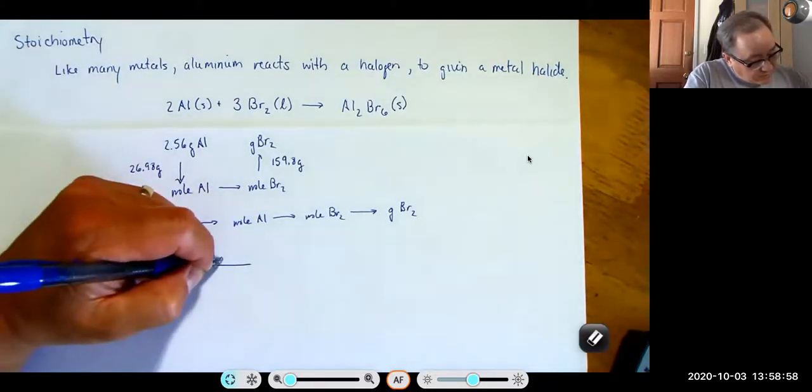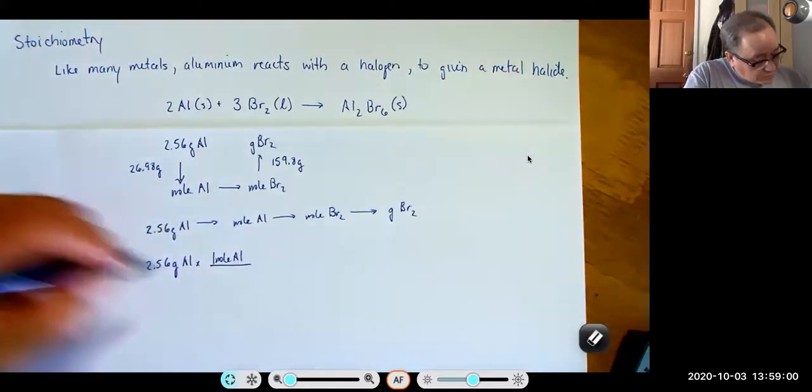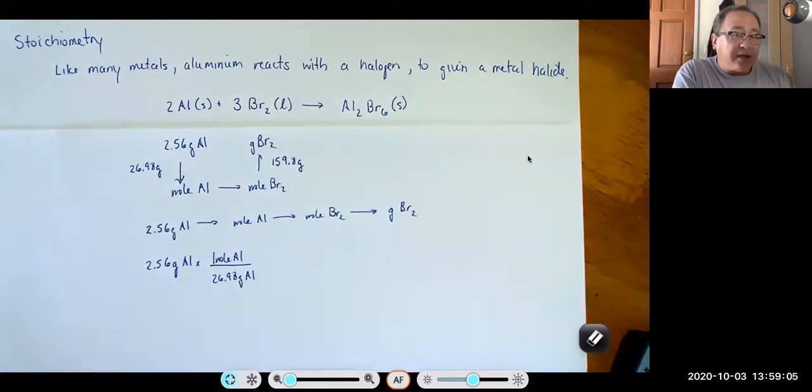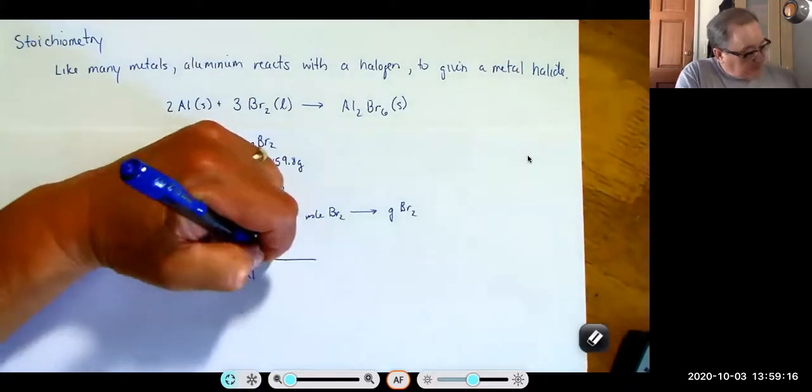1 mole of aluminum for 26.98 grams of aluminum. Why did I put 26.98 grams of aluminum on the bottom? If you said to cancel the units, absolutely correct.